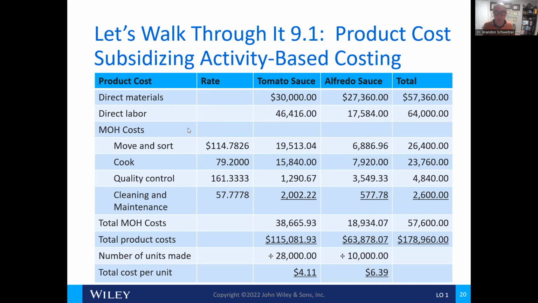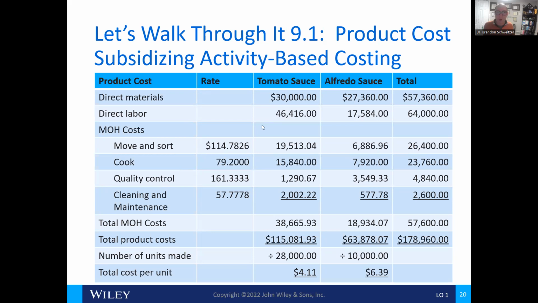Look how the manufacturing overhead costs are broken out. We have moved to sort, cooking, quality control, cleaning, and maintenance to get our total manufacturing overhead costs. And of course, for our total product costs, we divide that by the number of units made to get a cost per unit.